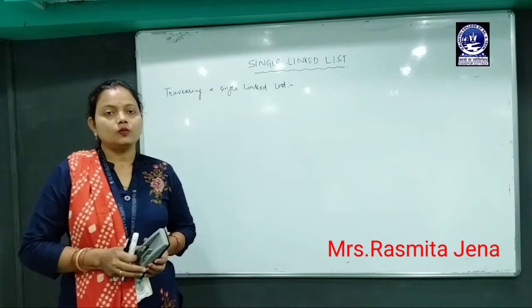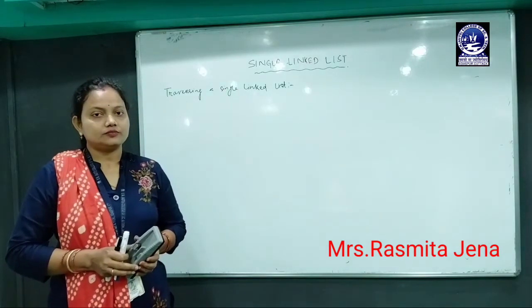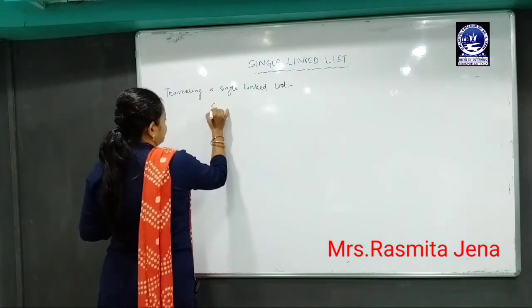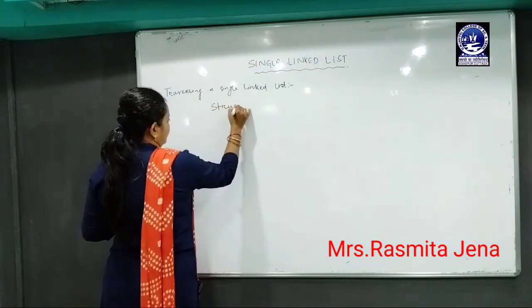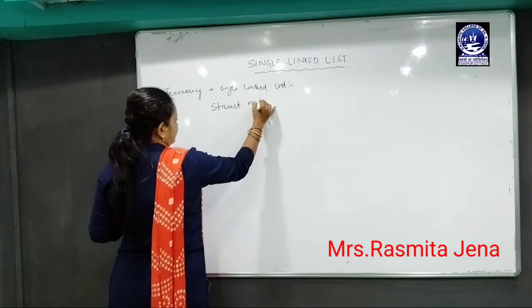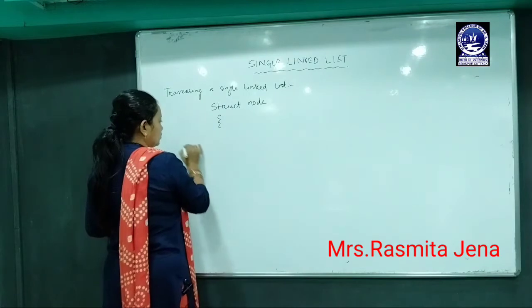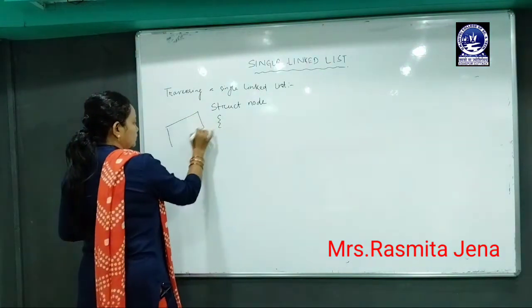So first we will know what the structure of the node is. This is the structure of the node that we create by using the struct keyword. And in the node we know that every node has two parts.